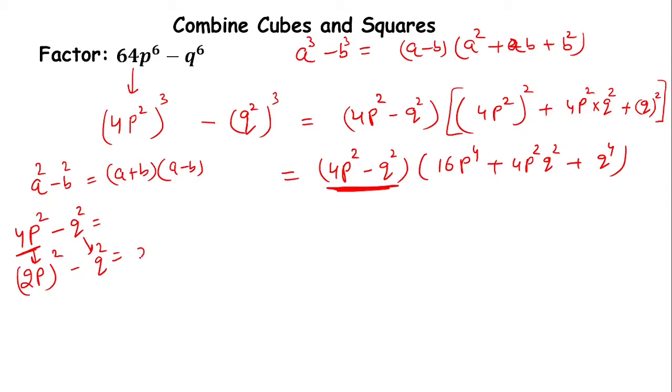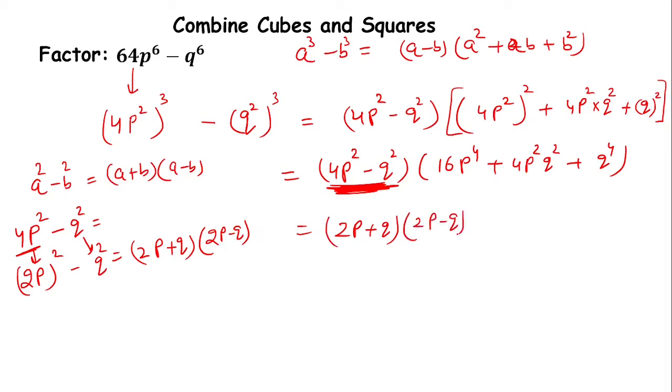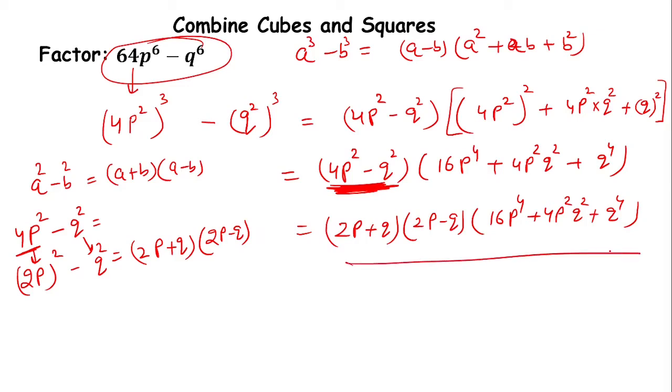So this value will be equal to 2p plus q, 2p minus q. It means this 4p square minus q square can be factorized further: 2p plus q, 2p minus q, and the rest part is as this. This is the factorization of this question, the final answer.